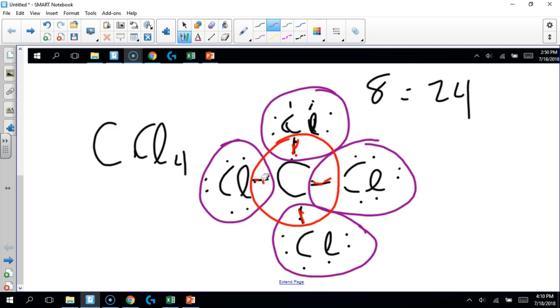And so here, the fact that there's 6 electrons out here tells us something about chlorine and how chlorine works. The fact that there's 4 chlorines around this carbon gives us information about the chemical and physical properties of this compound.